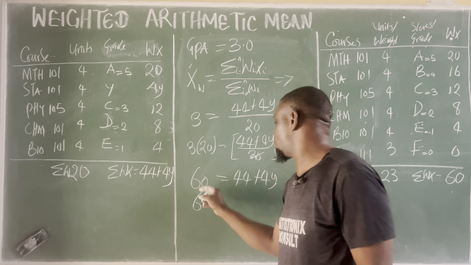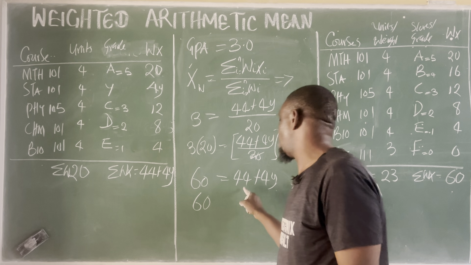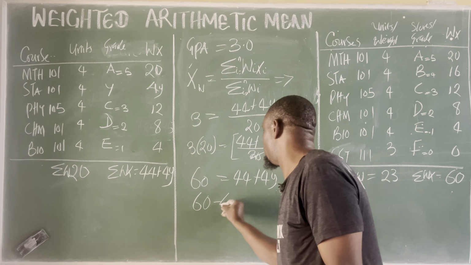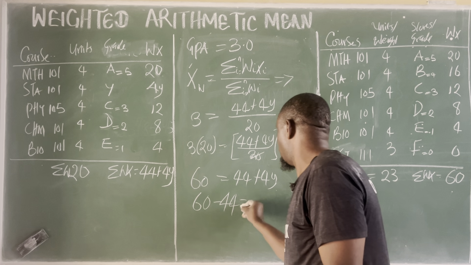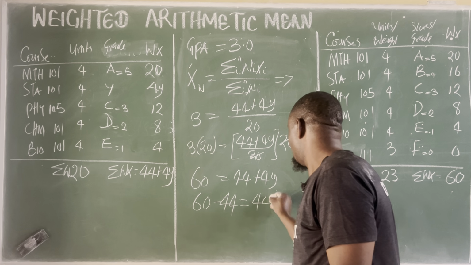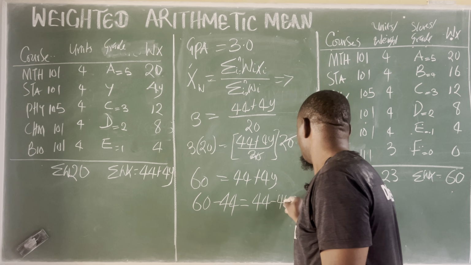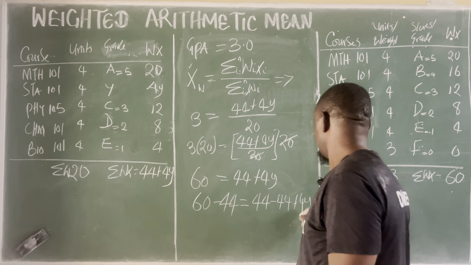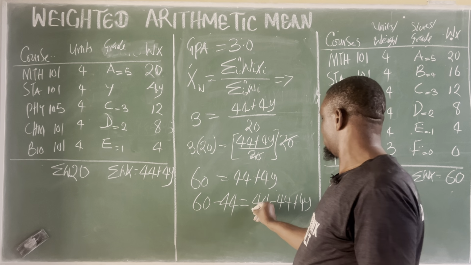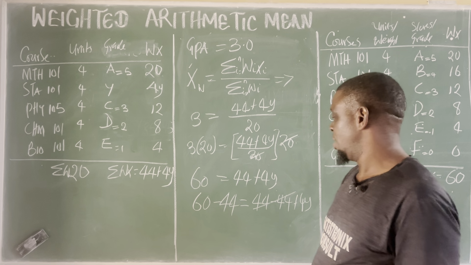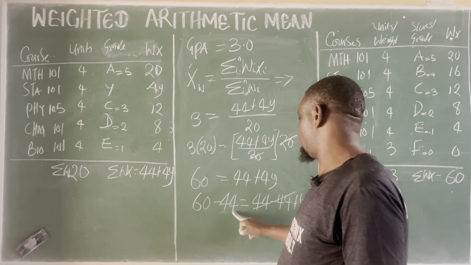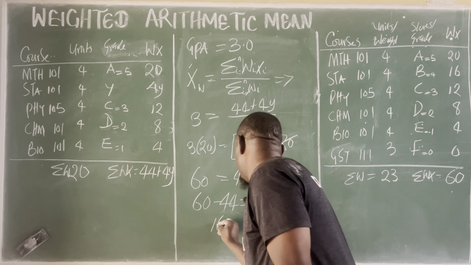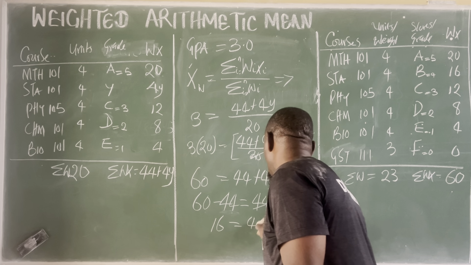So we are going to subtract 44 from both sides. 60 minus 44 will be equal to 44 minus 44 plus 4y. So 44 minus 44 will already be 0. And then 60 minus 44 will be 16. So 16 is equal to 4y.